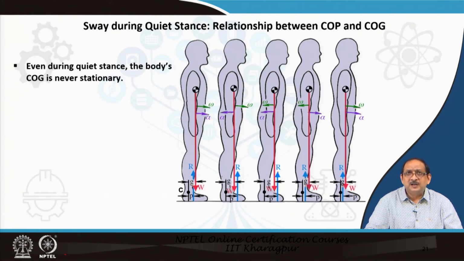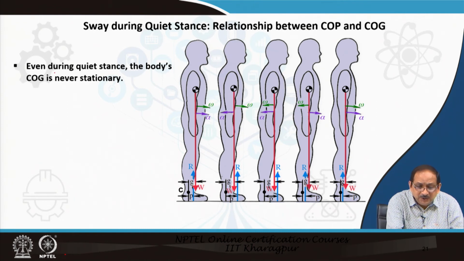Let us discuss swaying during quiet stance and gain an insight into the relationship between COP, the center of pressure, and the center of gravity, that is COG. The figure presented here shows a subject swaying back and forth while standing on both feet on a force platform.